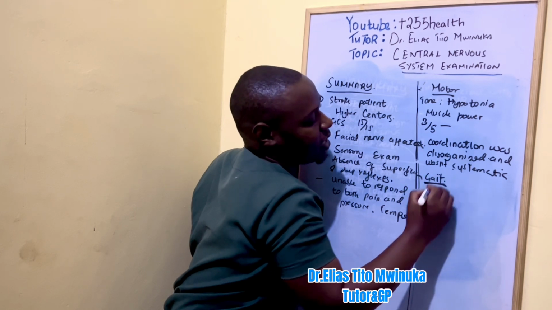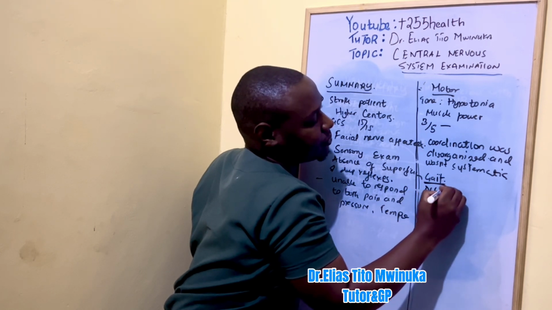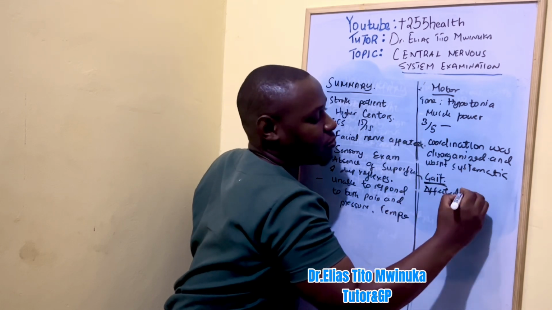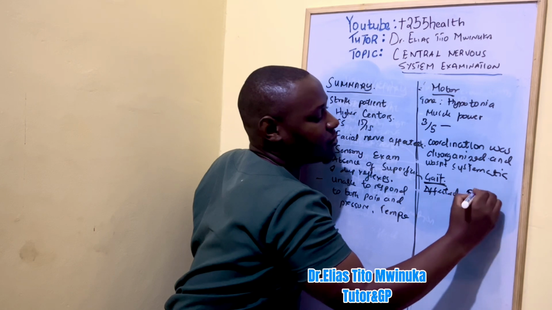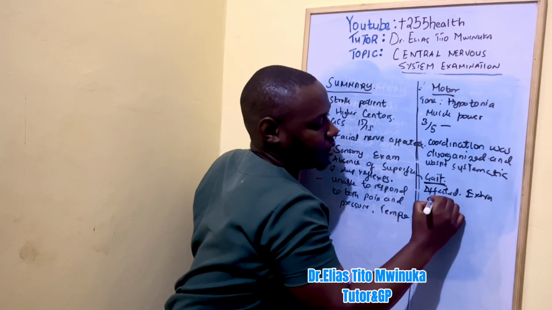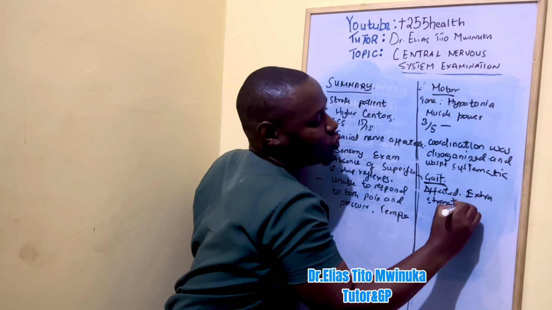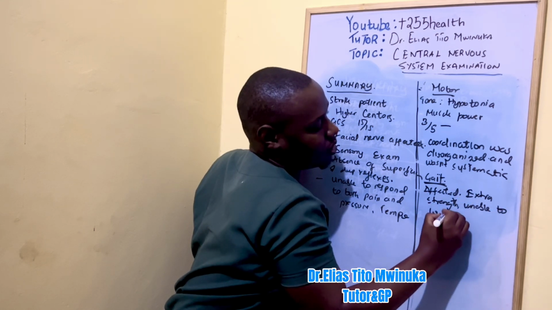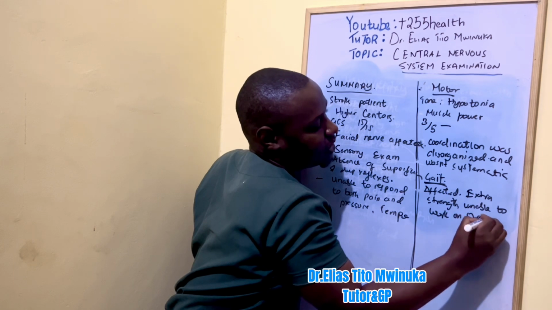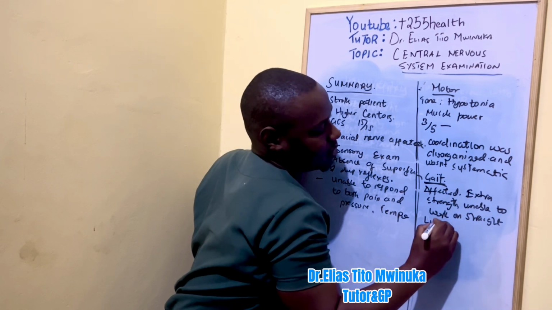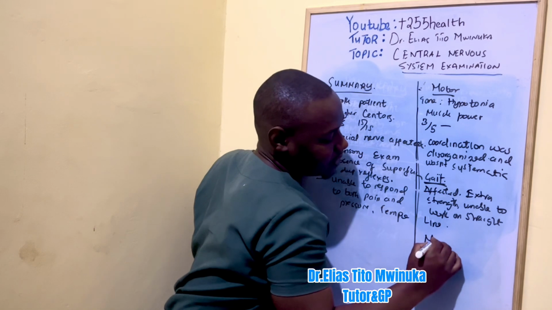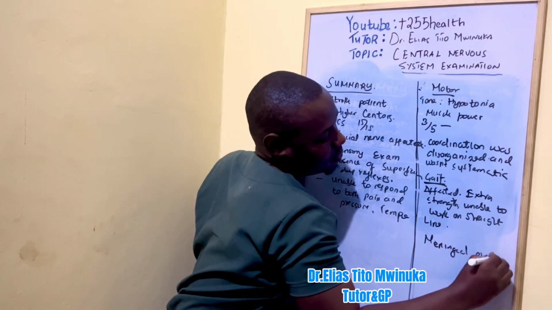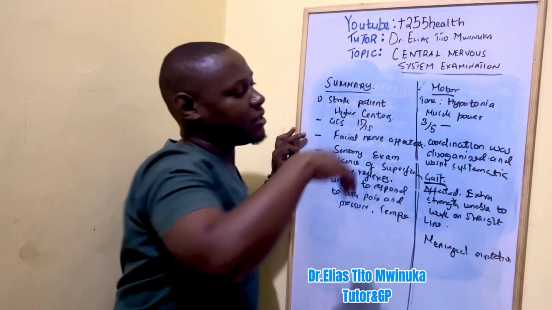The patient had a gait which was affected, in which he used extra strength in walking, and was unable to walk on a straight line. You see this, and then you finally finish up. There are no signs of meningeal irritation. You see. So this is roughly our summary.